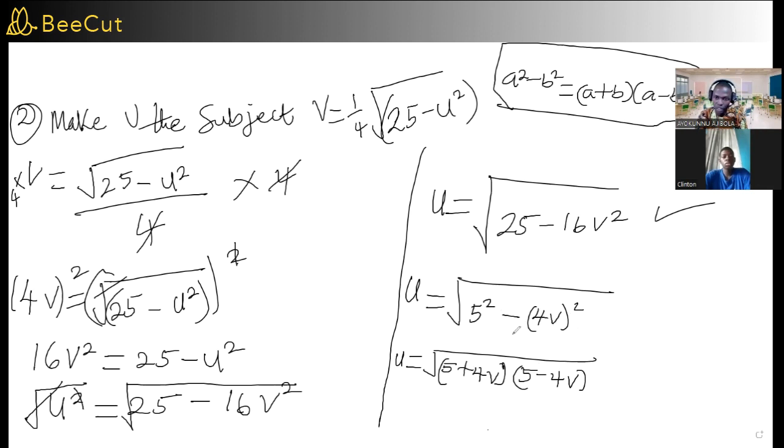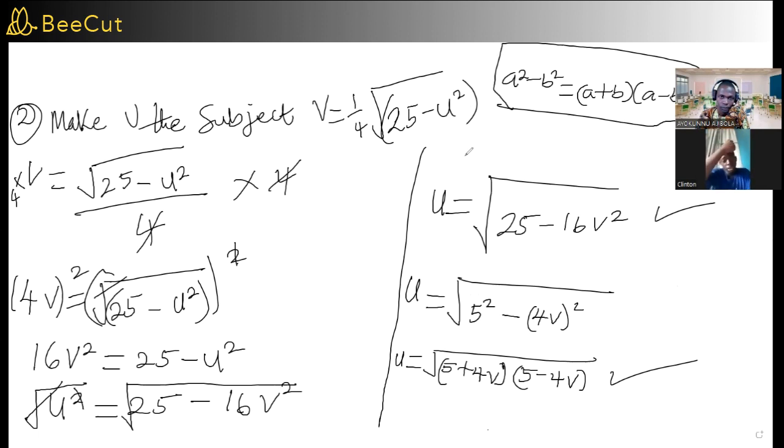It's not possible because of the negative sign. Let's assume there's multiplication between, then you can cut that root, saying square root of 25 is 5, and square root of 16 is 4, while square root of v square is v. You understand? So it's either you find this in your answer, or you find still the same thing. Is that clear?